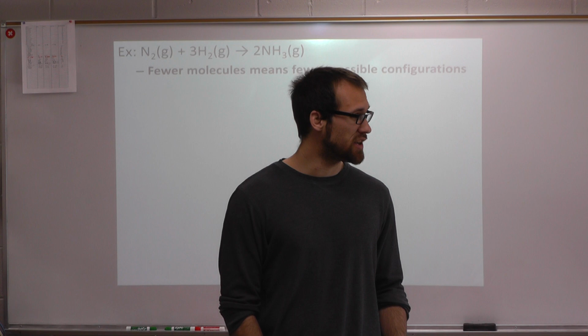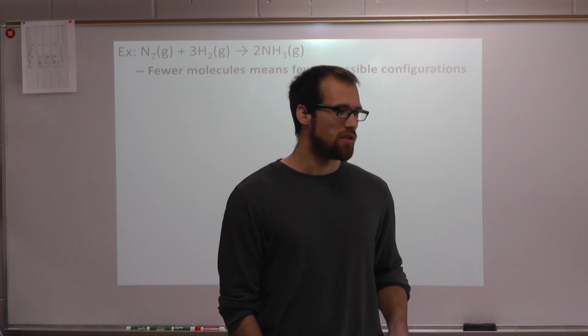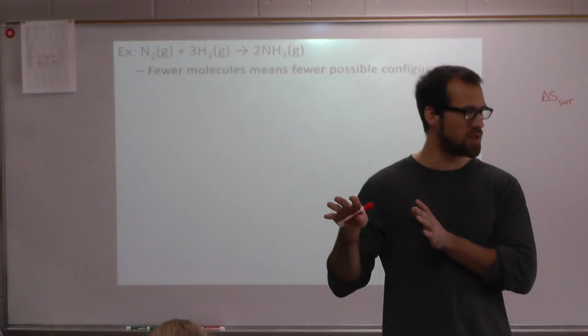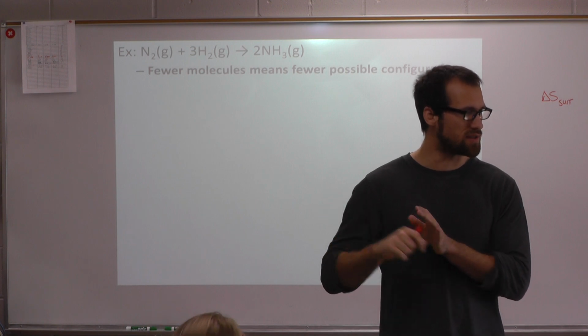Energy leaving or energy coming in. So the primary way to determine whether or not the surroundings entropy is favorable or not is exothermicity or heat flow. If the reaction is exothermic, is the surroundings going to be increasing or decreasing in entropy?